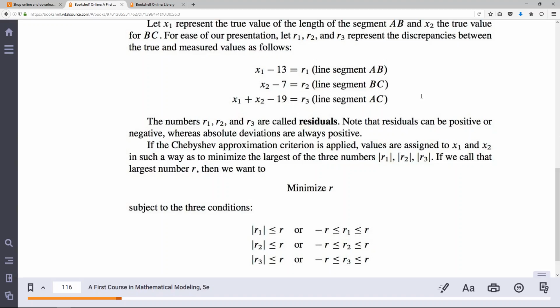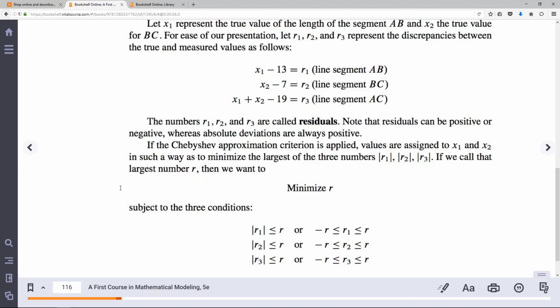Okay, let's say we call the largest number R, and what we're trying to do is minimize this R. Correspondingly, we can give some constraints: absolute value of R1 less than or equal to R, absolute R2 less than or equal to R, so that we know R is the largest of the three absolute values, right?